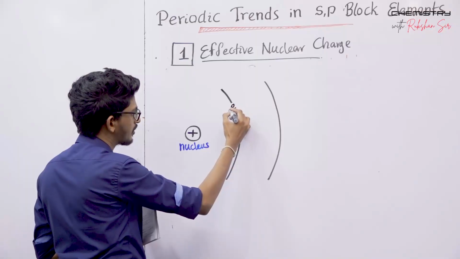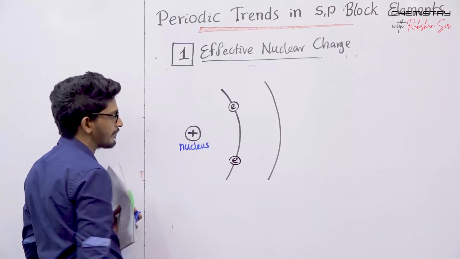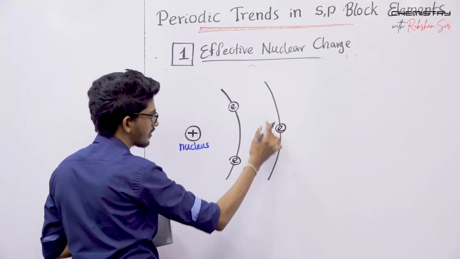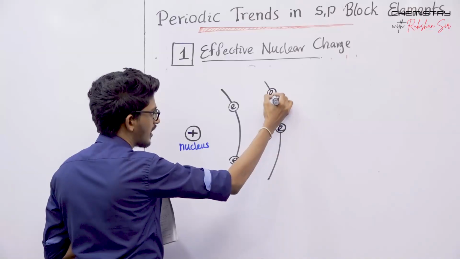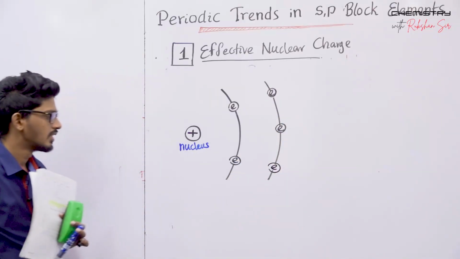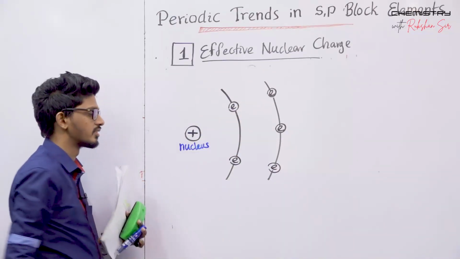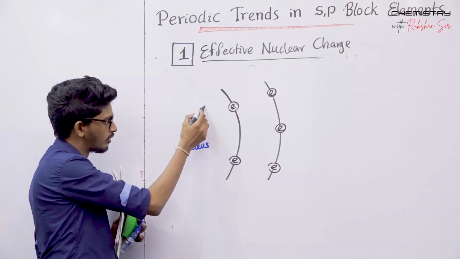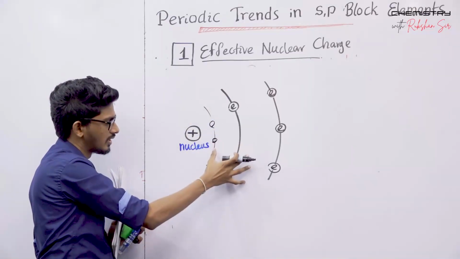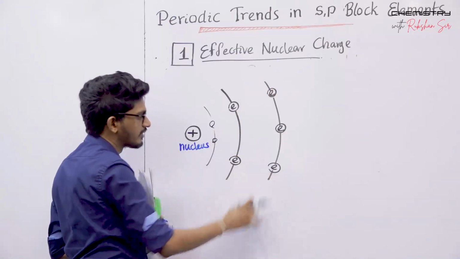When it comes to electrons, we have two major types of electrons, which are referred to as inner electrons and valence shell electrons. In an atom, normally we have inner electrons and valence shell electrons. You may have more of the inner electrons, and the electrons at the outermost shell are referred to as valence electrons.